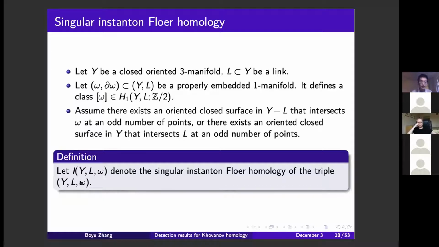And this class omega is specifying an orbifold SO(3) bundle over the orbifold (Y, L) by requiring that the second Stiefel-Whitney class of the orbifold SO(3) bundle is dual to the fundamental class of omega. So morally speaking, that's kind of the idea of singular instanton Floer homology.